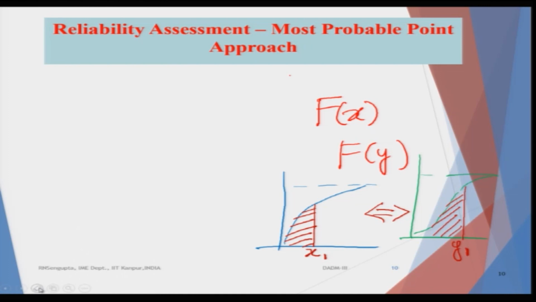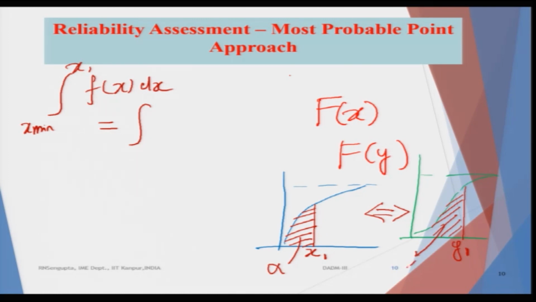It is like this: the integral from x min till x1 of f(x) dx should be equal to alpha, and this also should be equal to alpha, the overall area from y min to y1. So, consider this PDF is g(y) dy.